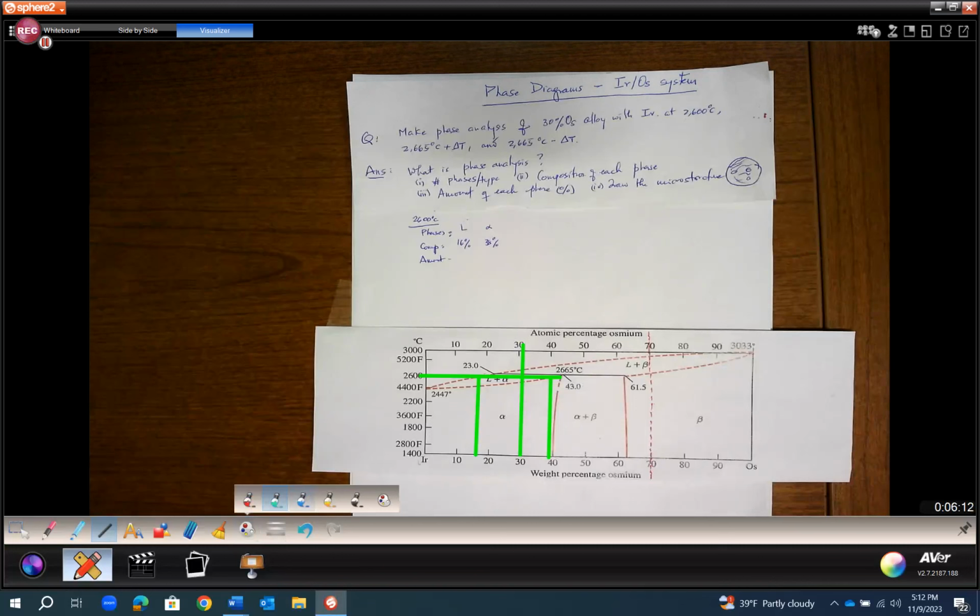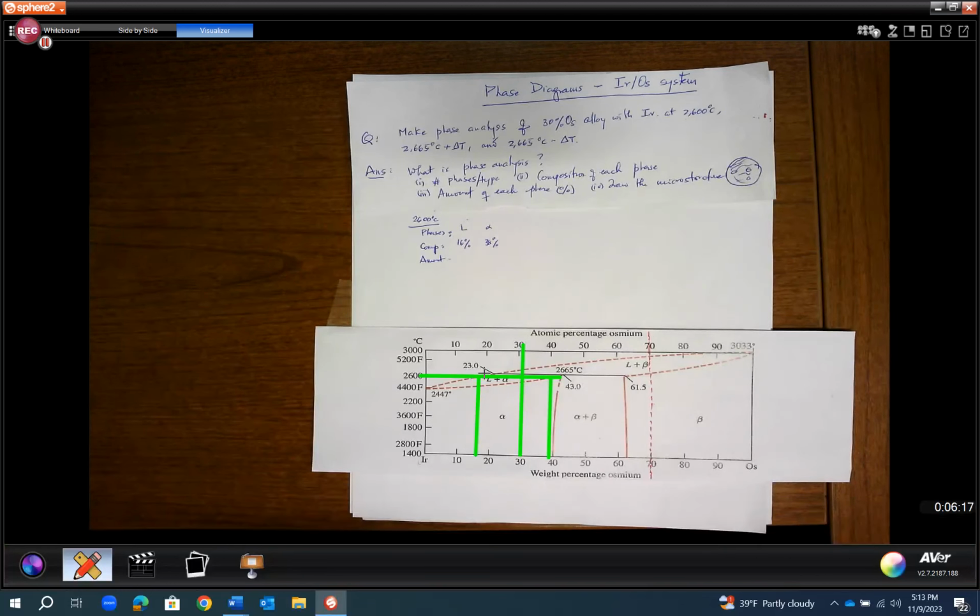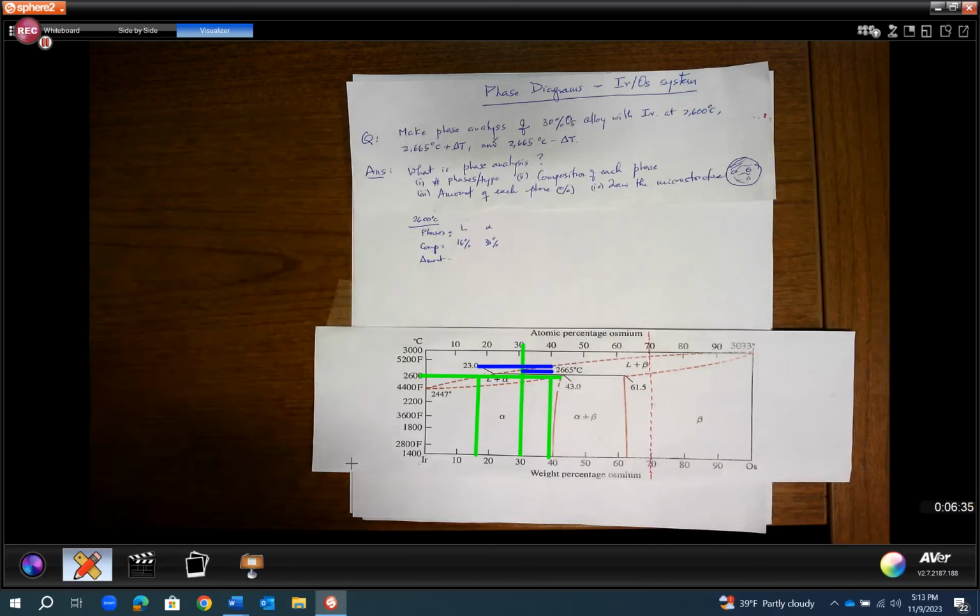If you want the amount of liquid at this exact intersection, you look at the opposite side. You measure this distance and divide it by the full distance. That's the fraction of the liquid, which is what?